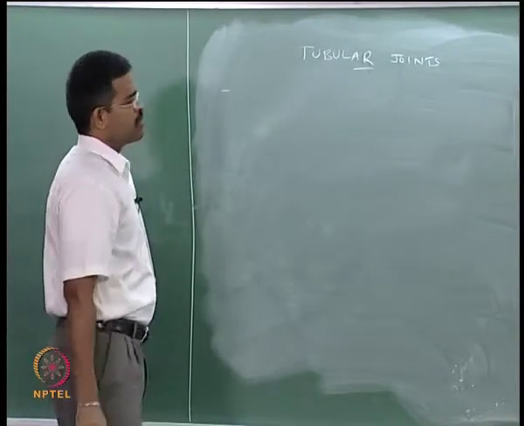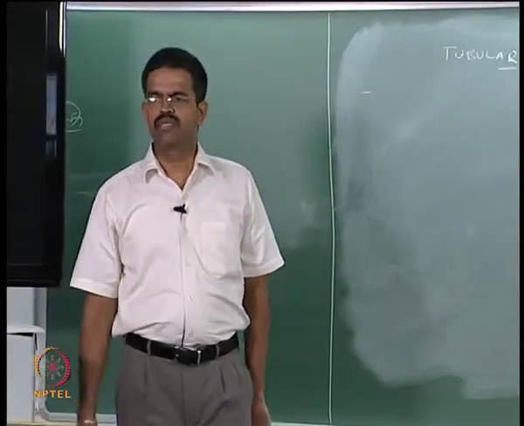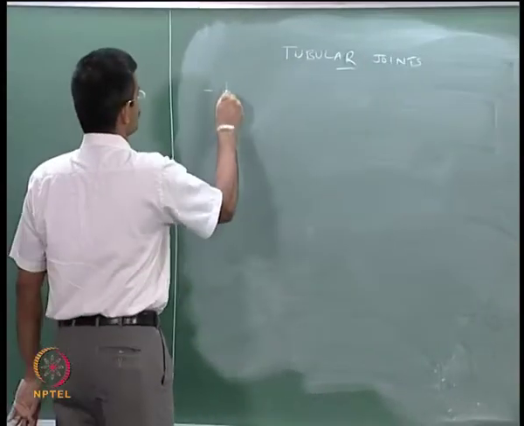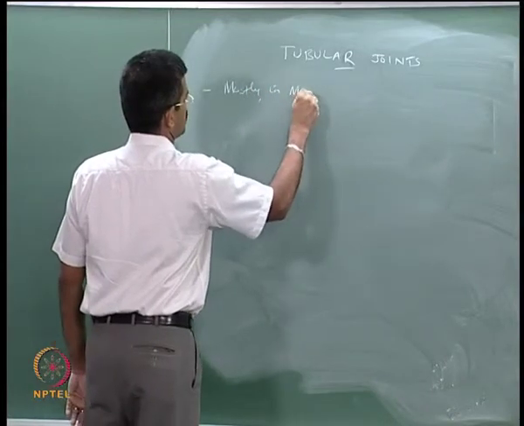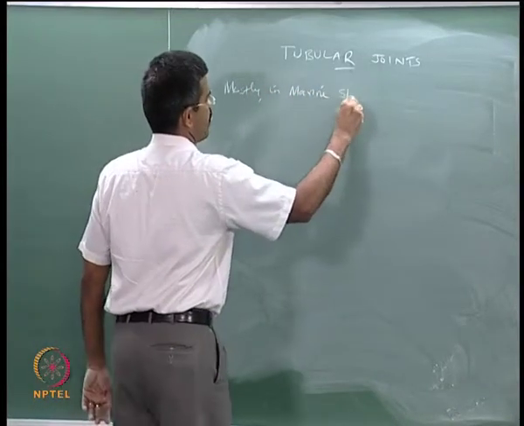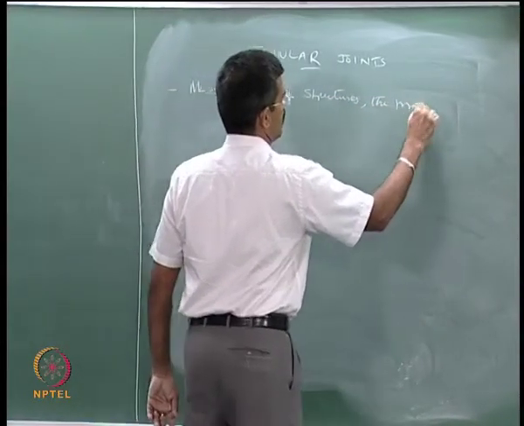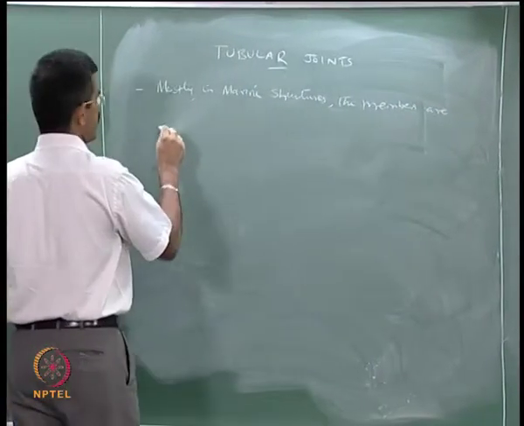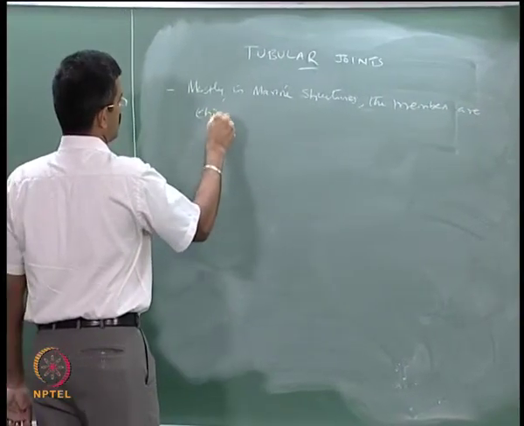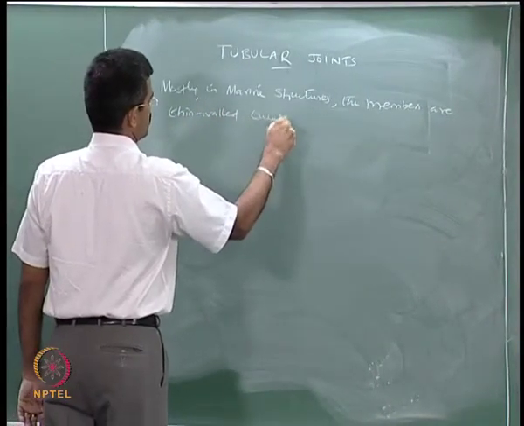Now, there are very important points which we must understand about the tubular connections or the joints in marine structures. Mostly in marine structures, the members are thin walled tubular sections.